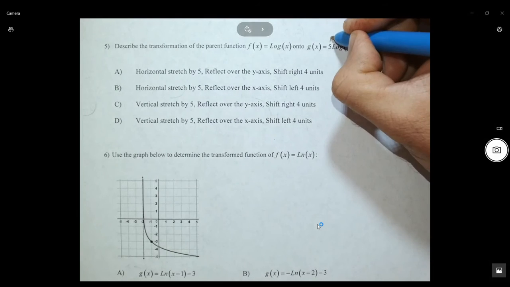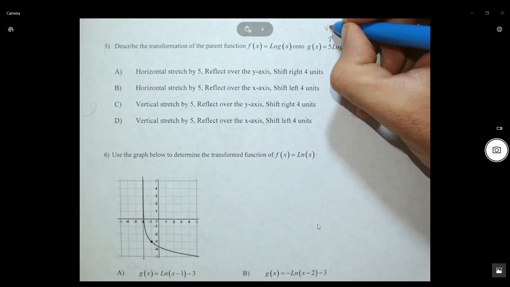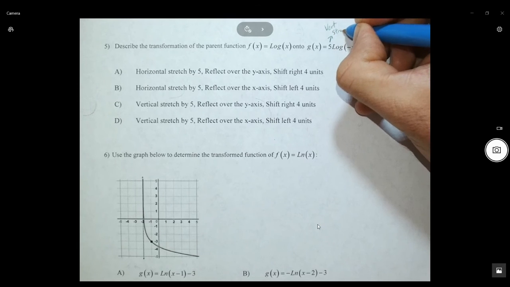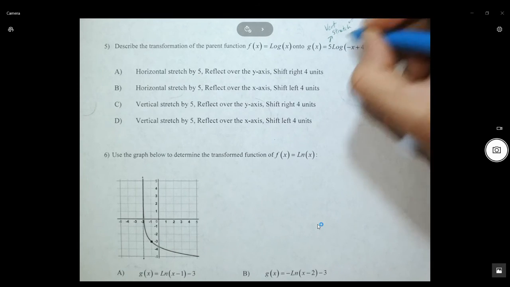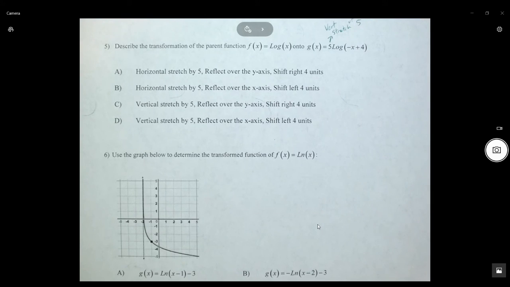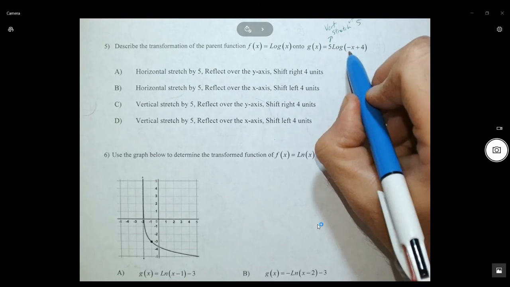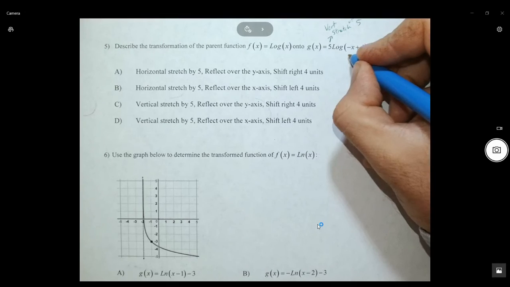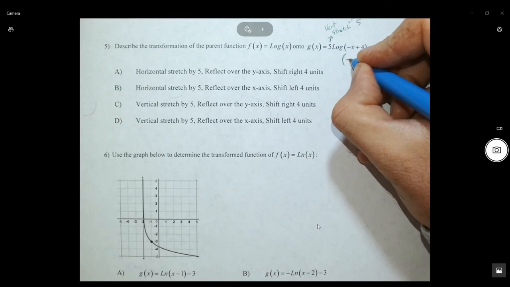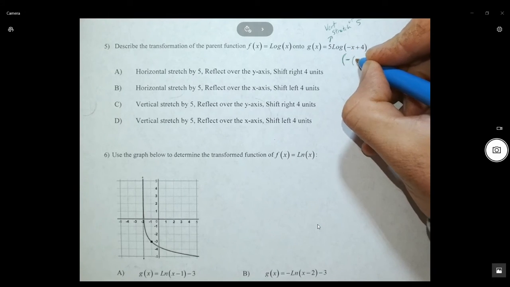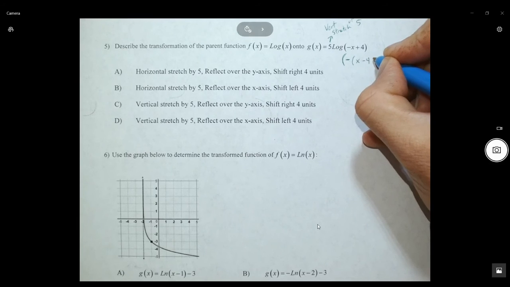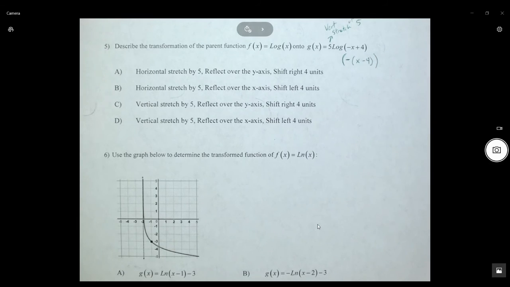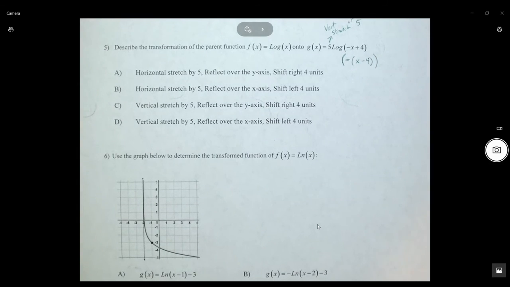So this 5 in front is again a vertical stretch of 5 in this case. All right, and then remember, because I have this negative out front, I need to remove that negative, which means I'm going to get a positive x minus 4. So really what's happening on the inside after that log looks like that.